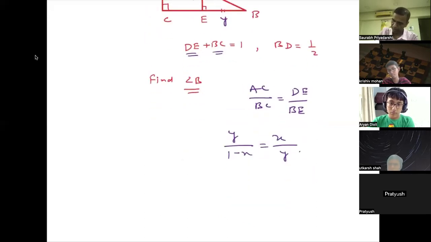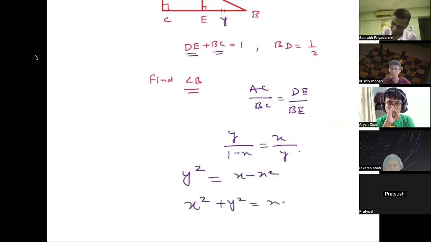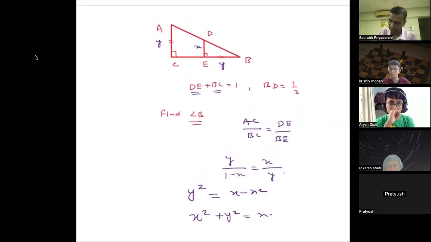So what is coming is y square is equal to x minus x square, or x square plus y square is equal to x. In the question it is given that it is a right angle triangle and BD is nothing but half. So x square plus y square in this triangle is half, which means this is half square.